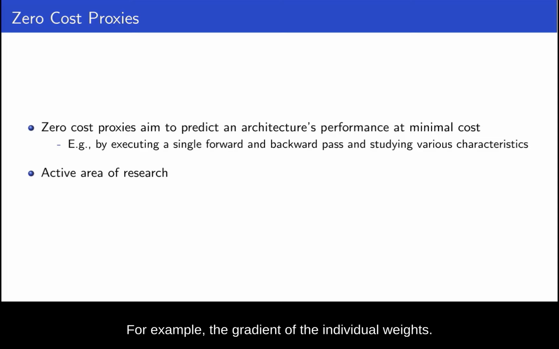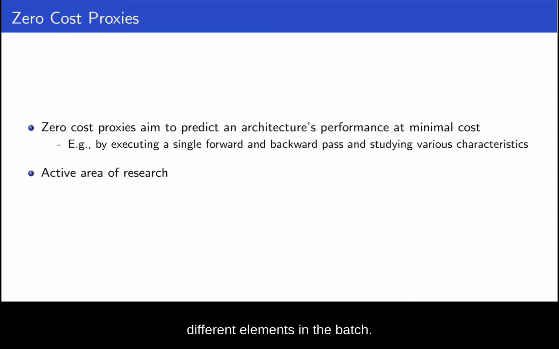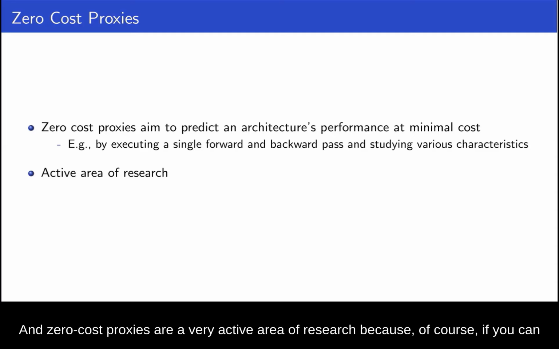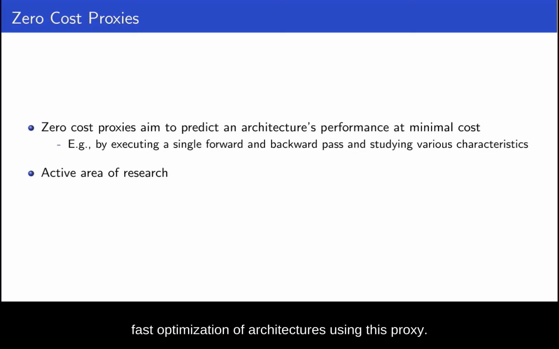So for example, the gradient of the individual weights. Or it can also study the variety of the outputs that you get from the forward pass from the different elements in the batch. And zero-cost proxies are a very active area of research because, of course, if you can predict the performance of an architecture at basically zero cost, then you can do very fast optimization of architectures using this proxy.